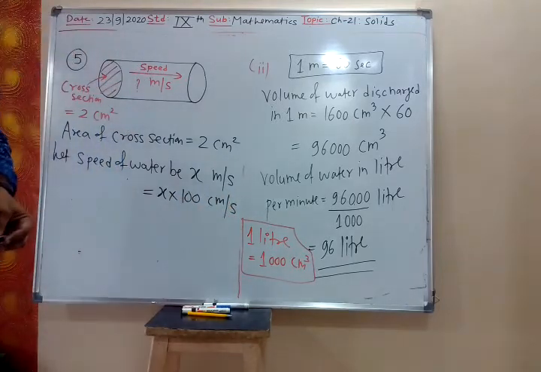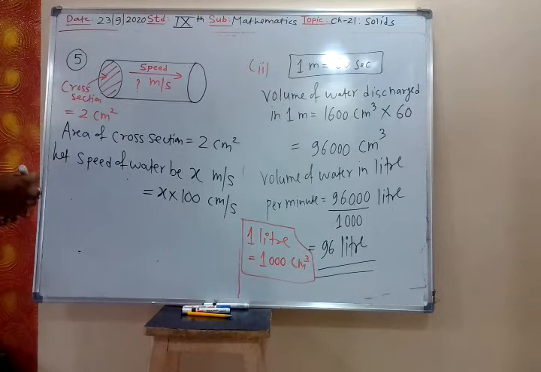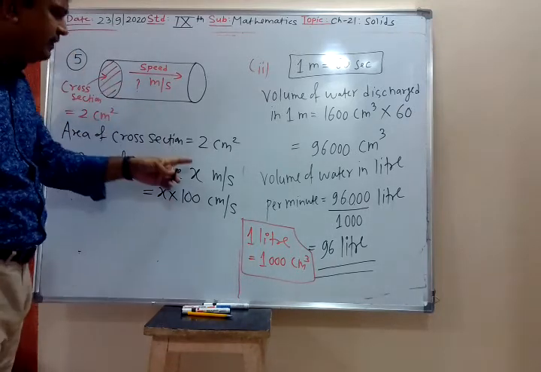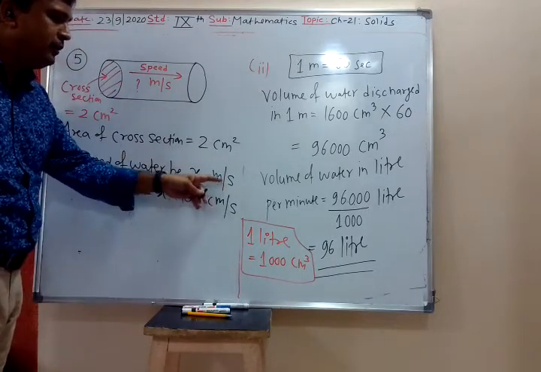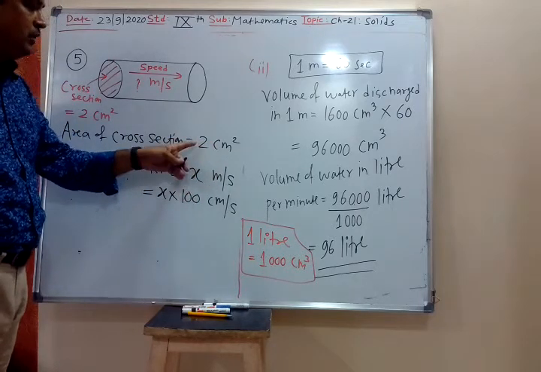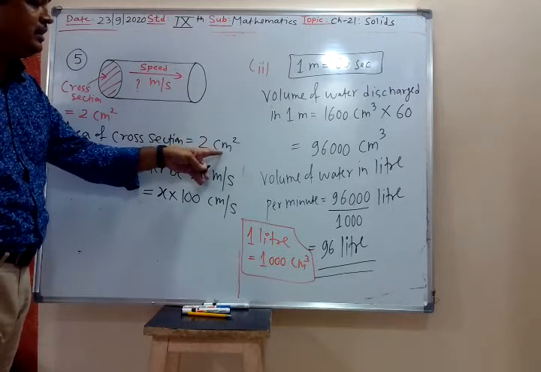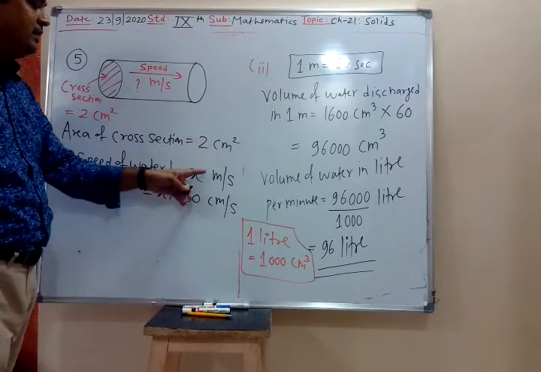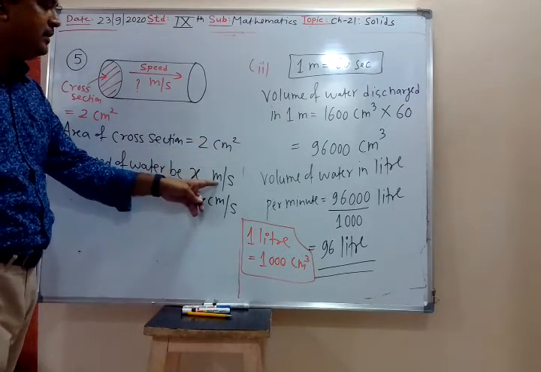They have asked in meter per second, but to do the calculation we must have the same unit. Cross section area is given in centimeter. Our speed we have considered in meter.